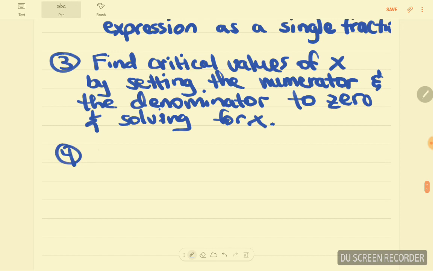Step 4, use the critical values to partition.